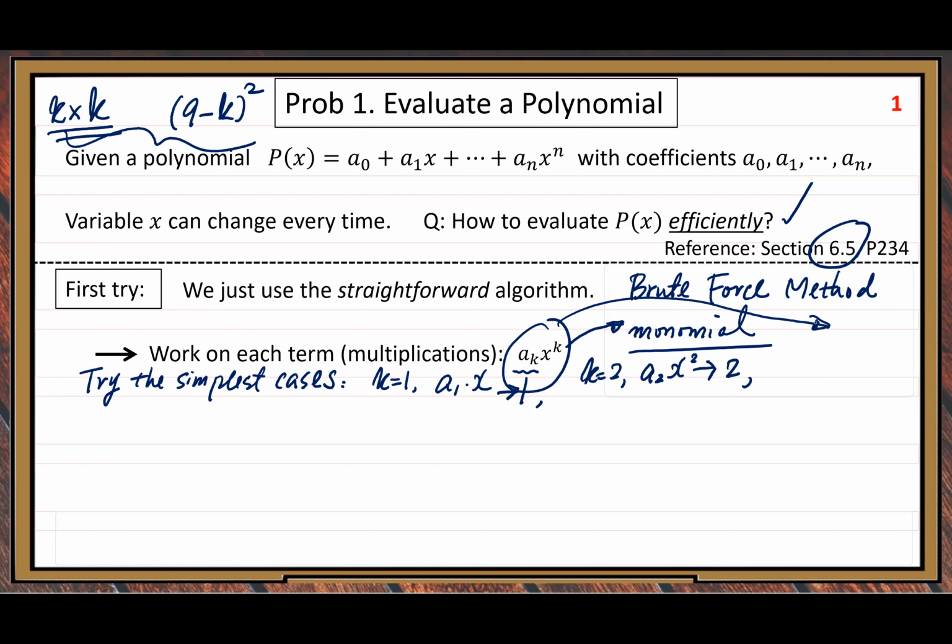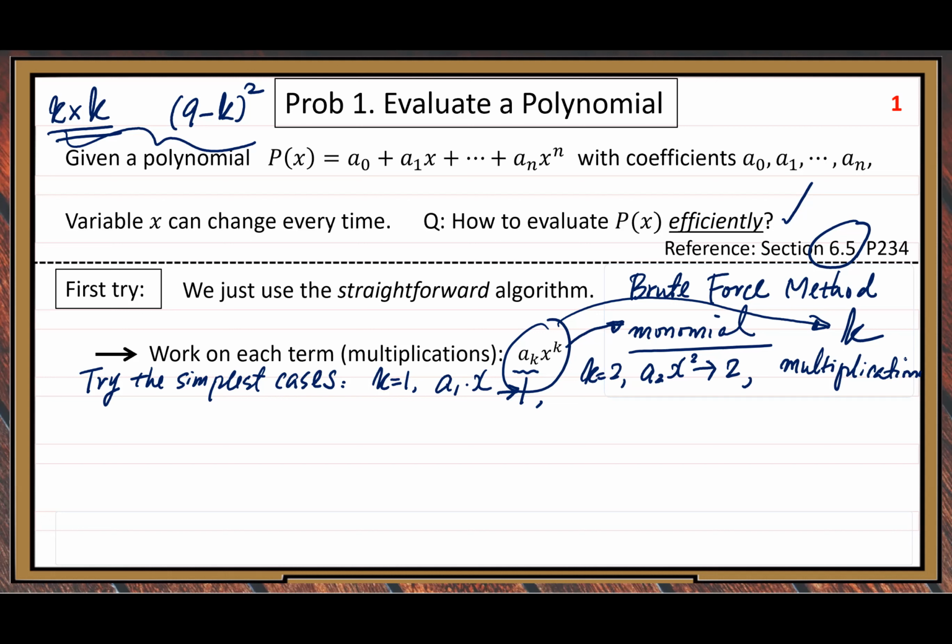After your experiments, you come back, look at your guess, and fix it. If there is some error, then you fix it. So the answer is k multiplications. All right, that's the first step of the question.